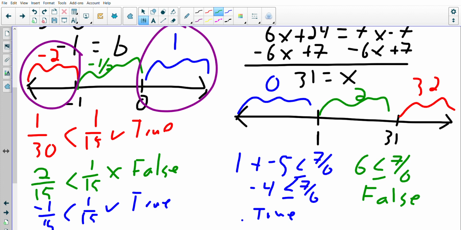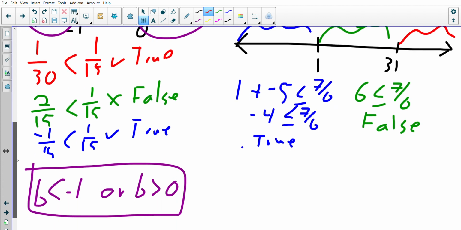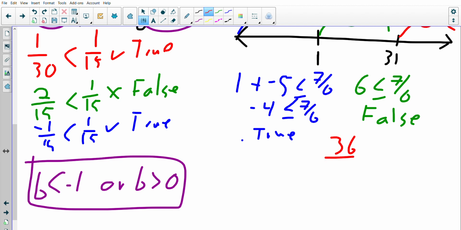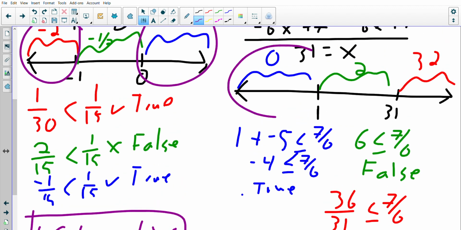And the last one, when I plug in 32, I end up with 36 over 31, and see if that's less than 7/6, and that is also true. So once again, my intervals that work are less than 1 and greater than 31.